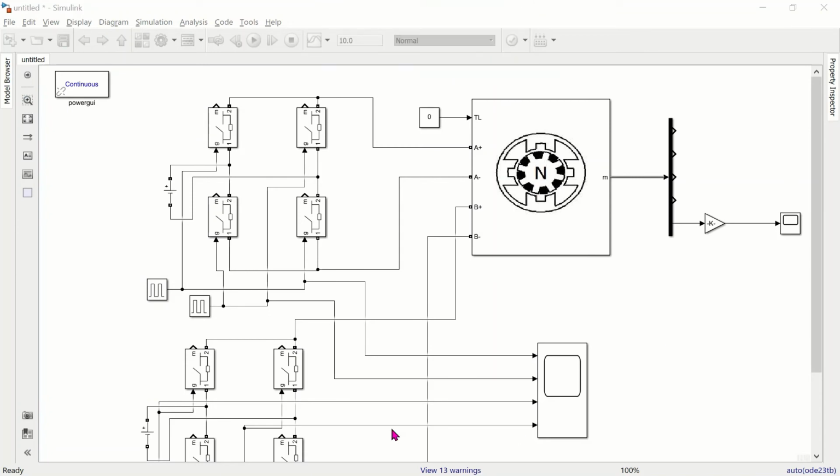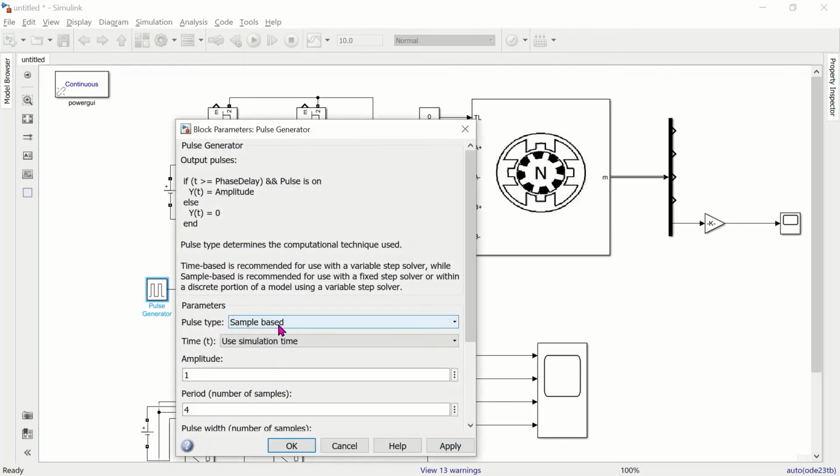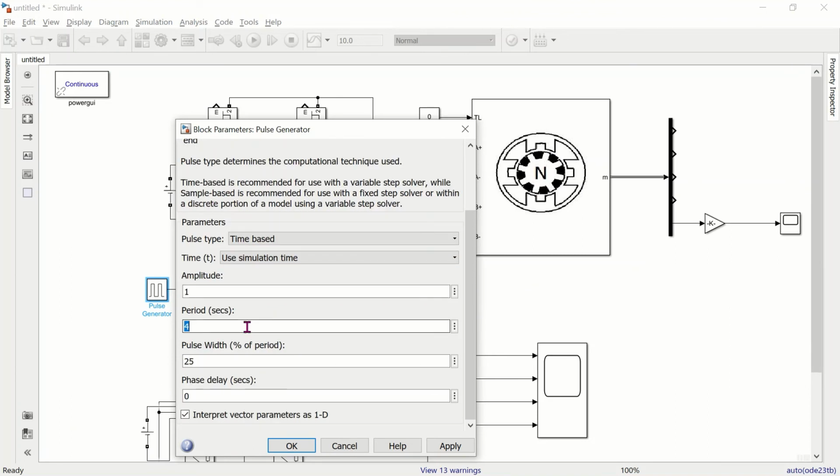Now I am going to simulate the motor for half stepping. Instead of 30-degree, I want to run my motor for 15-degree. For that I have to change only the pulse duration, pulse width and the phase delay time.